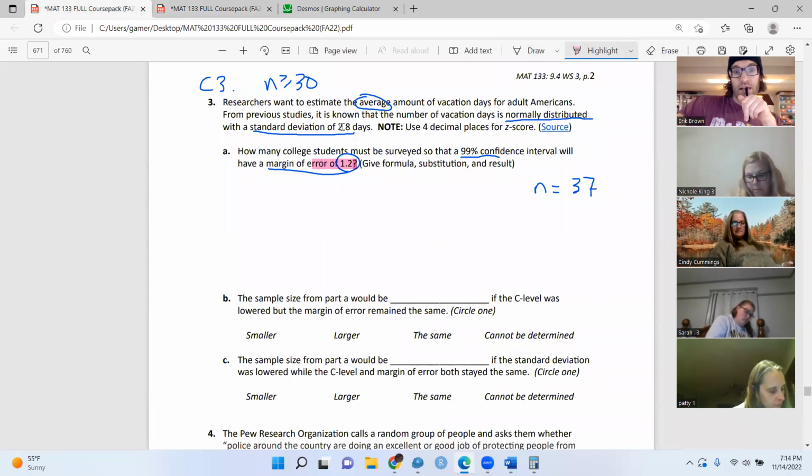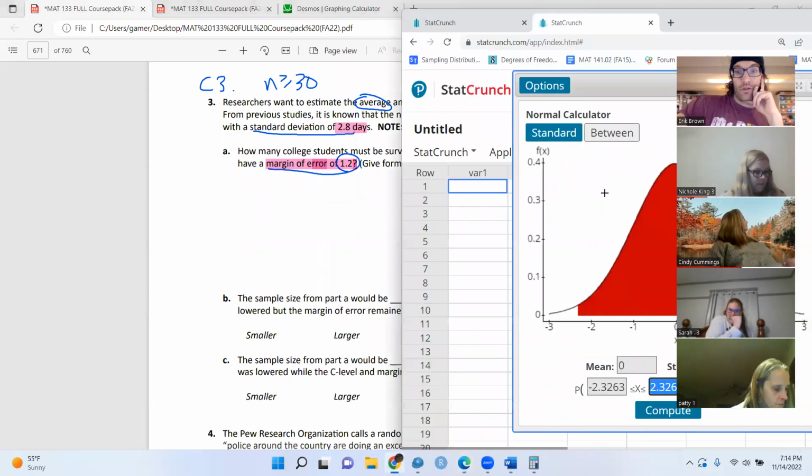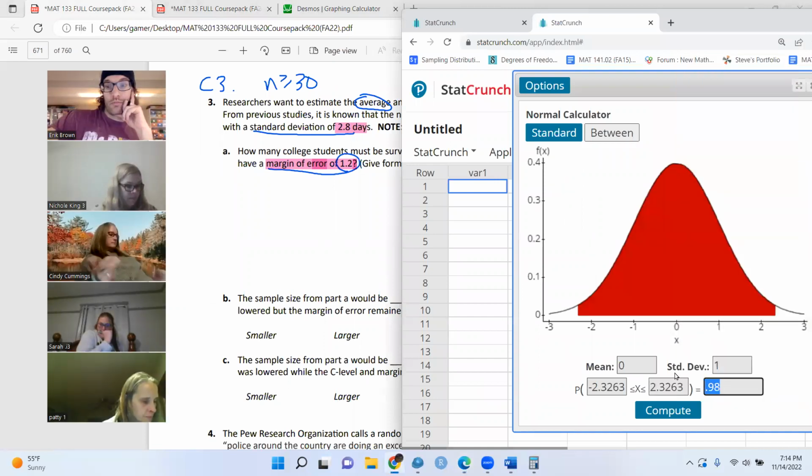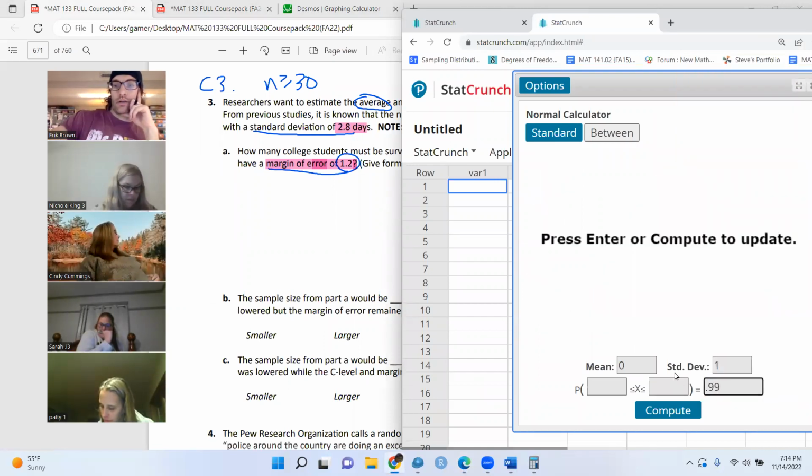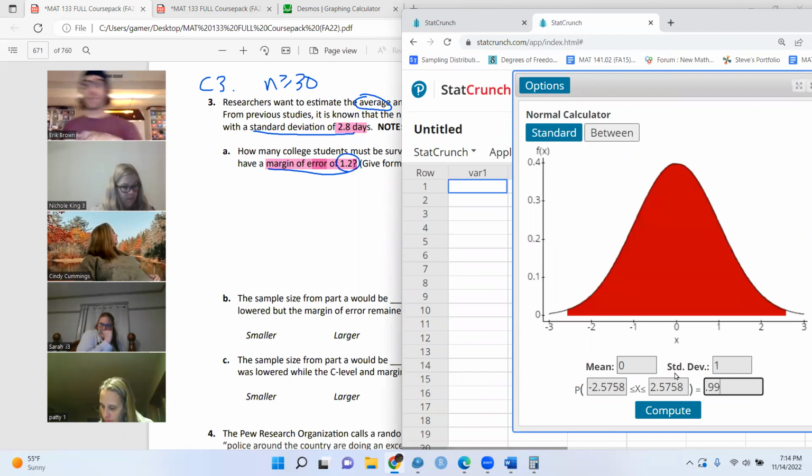S is here. Margin of error here. Use this to get the critical Z value. And I didn't type it in, but we could. 0.99 for the between gives us 2.5758. Questions, concerns?